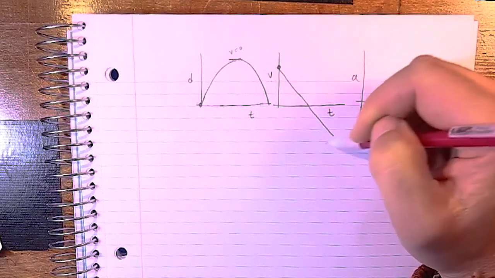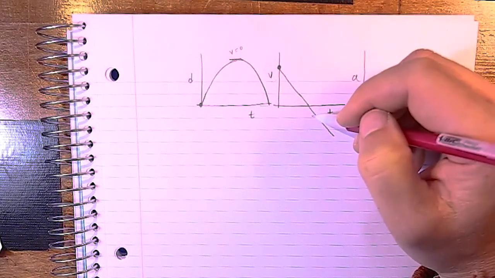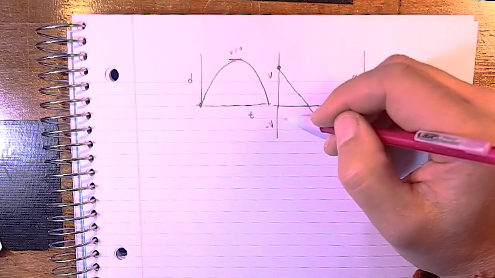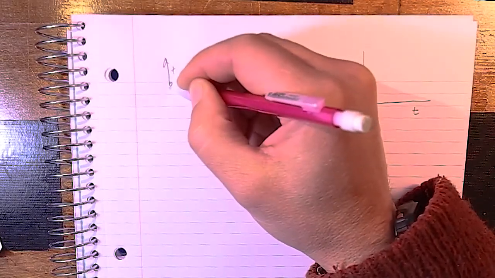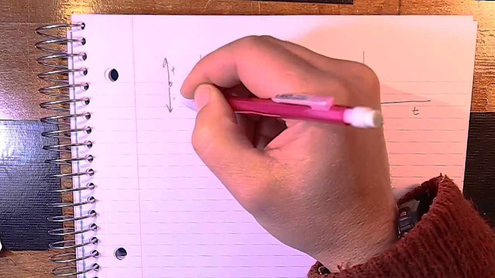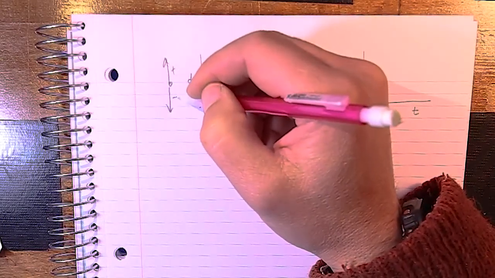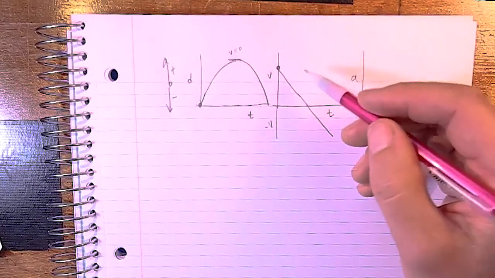So its velocity in this part of the graph is actually increasing, and the negative part of this graph just simply means that it's now moving down. So the plus was the upward part of the trip, with the velocity being positive, and the downward part of the trip just means it's moving down and has a negative velocity.